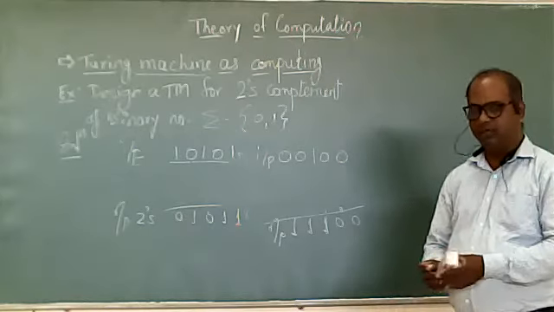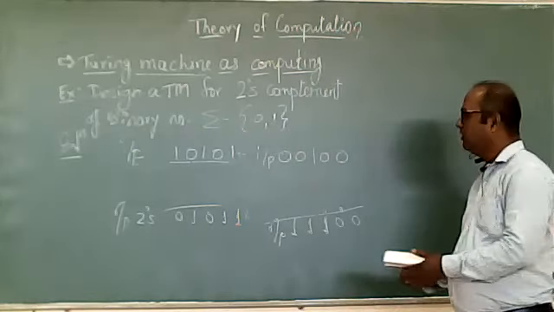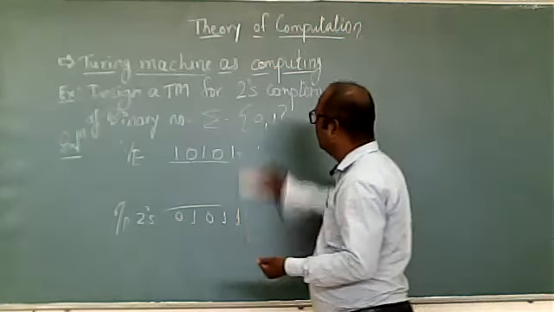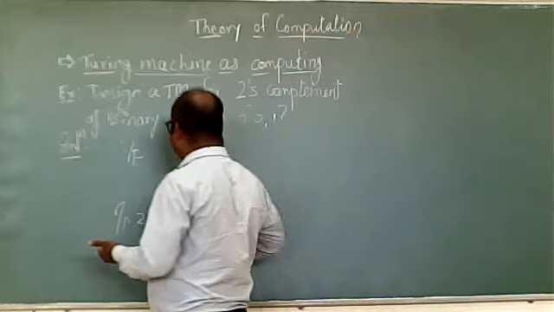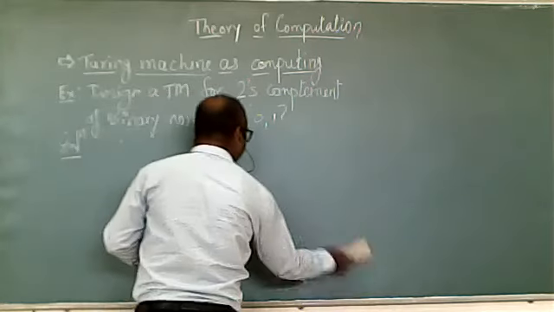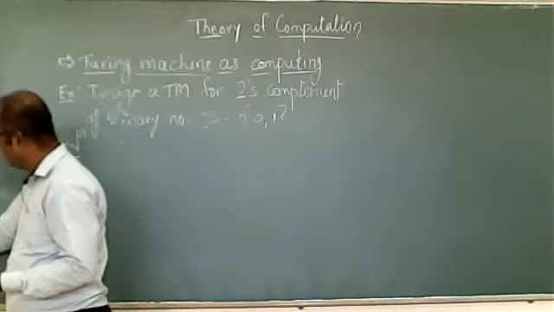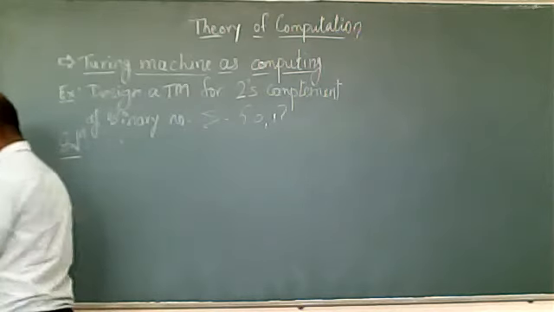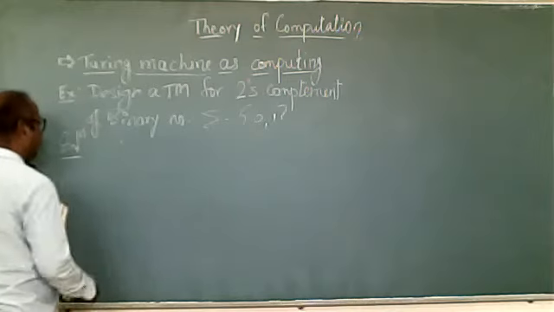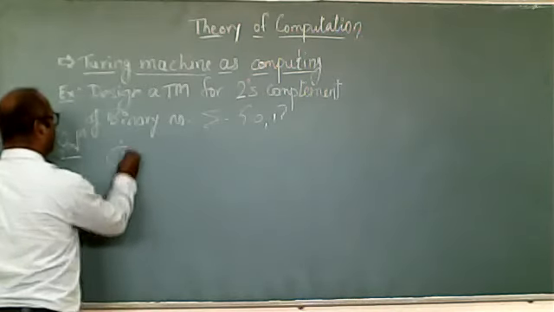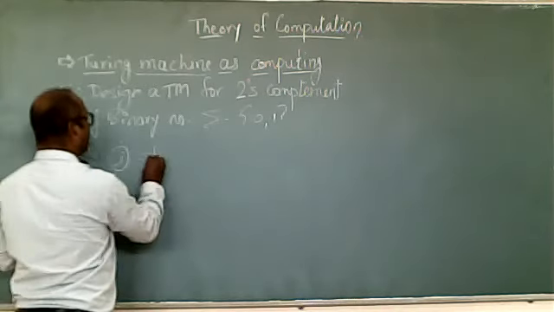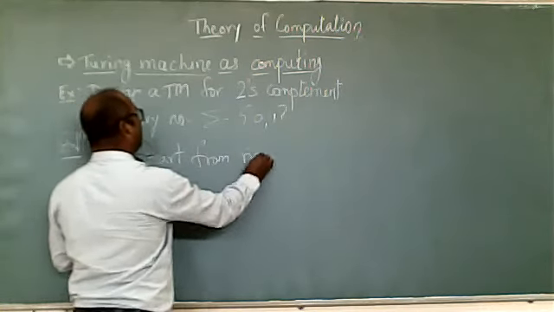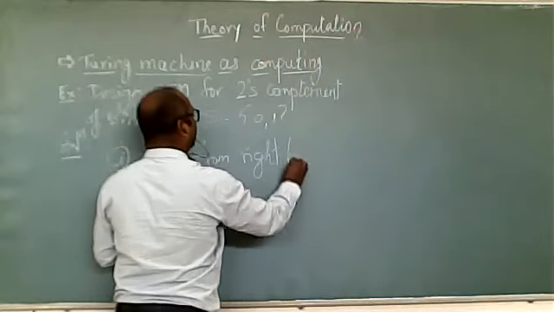Now with this logic, we'll implement the Turing machine for two's complement. We'll just write the steps first. What is the first step? Algorithm: start from the right hand side.